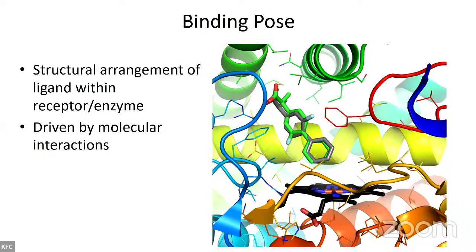And this is the result of redocking of today's tutorial. So it can be quite similar to what was actually in the crystal structure, but there can be differences, like the position of this fluorine atom. And all of this, how it will look like at the end, is driven by molecular interactions.